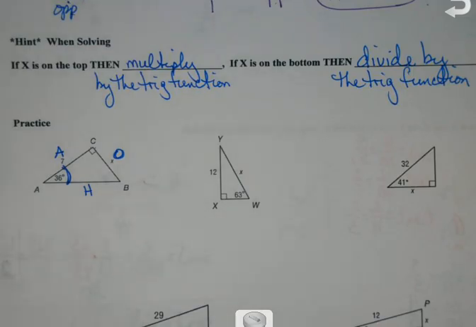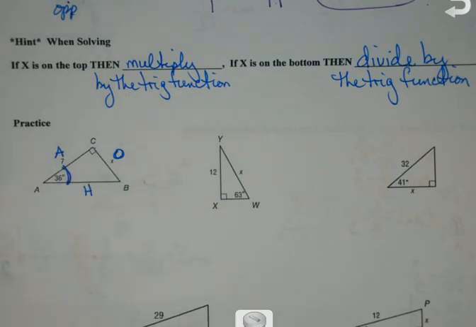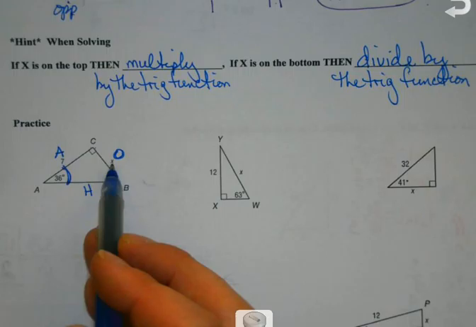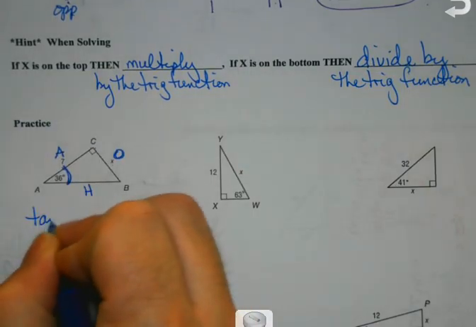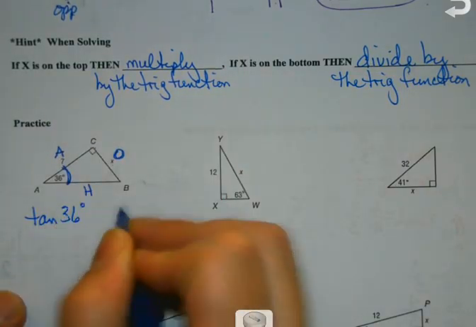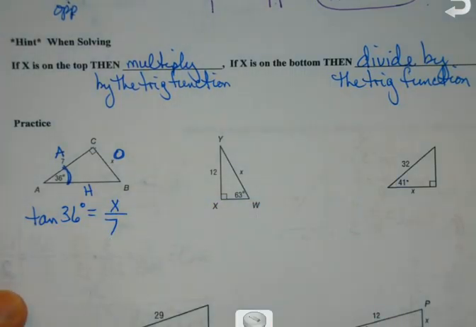Well, let's see. Looks like I'm working with opposite and adjacent. So this time, we're still going to be in tangent because we've got opposite and adjacent. So tangent of 36 is opposite over adjacent.